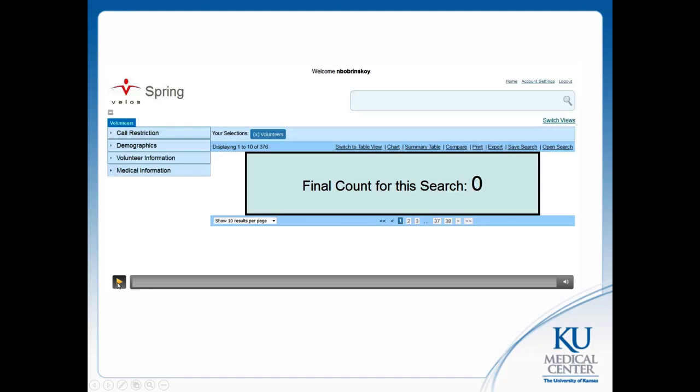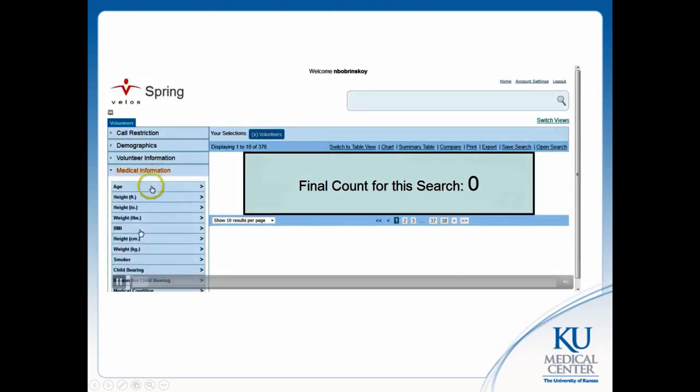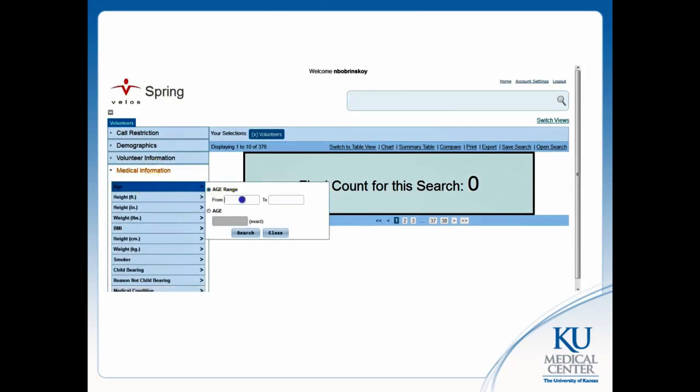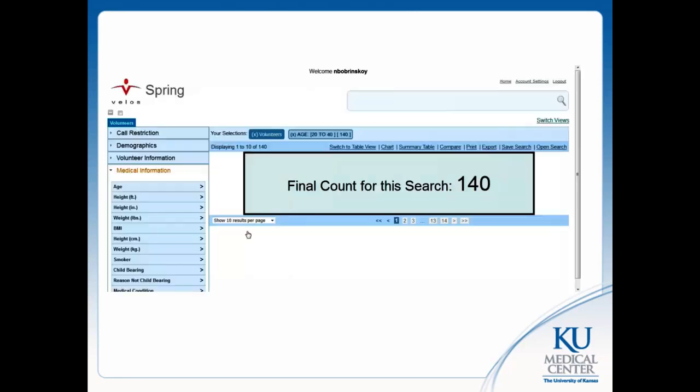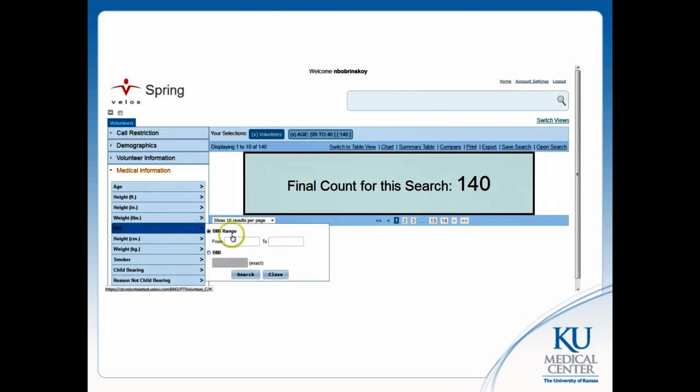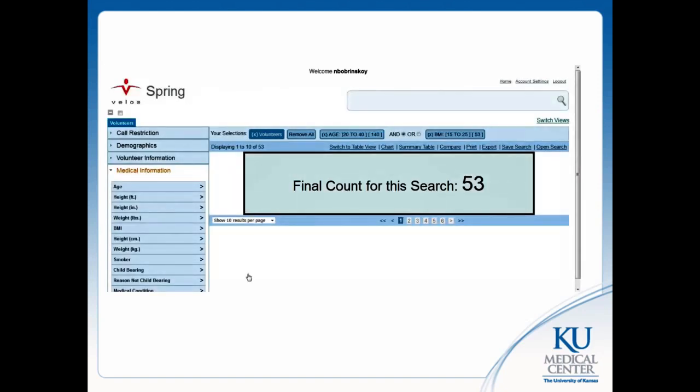So this is a quick video of how this works. This is against dummy data. Users could go in and plug in an age range from 20 to 40, and it will give a count. And then they can go back and plug in a BMI with range 15 to 25, and this should narrow down the count.